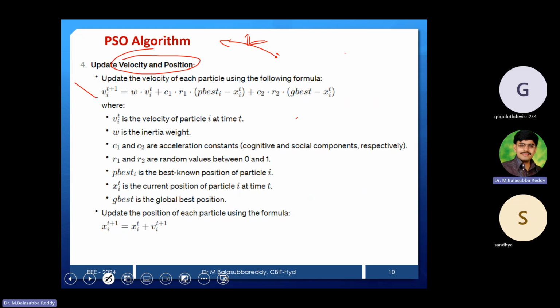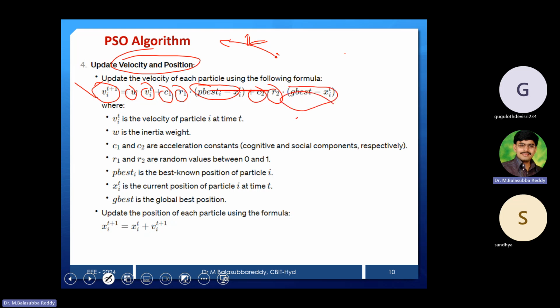After that, we can easily update the new position also. In this case, update the velocity of each particle using the following formula. We can observe the new velocity is equal to W into old velocity, plus C1 constant, R1 random value, into P best of that particular row or particular population minus current position, then plus C2 into R2 into G best minus Xi.